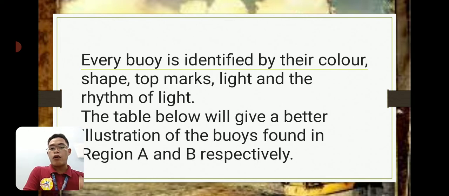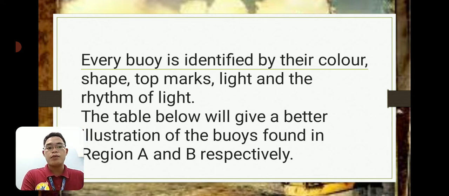So every buoy is identified by its color, shape, top marks, light, and the rhythm of light. You will understand when you look at what the buoy looks like.